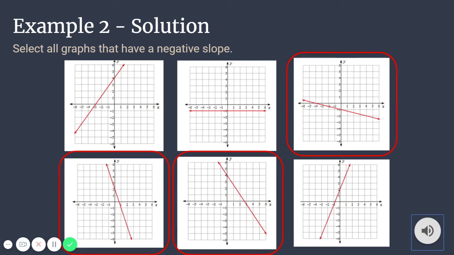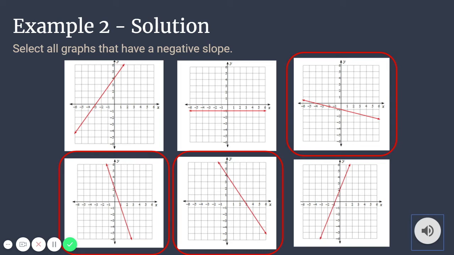So if we look at the top left-hand graph, reading that from left to right, we would be moving up, or that would be increasing, so that would be a positive slope. So that would look like what we did yesterday. Moving next to that in the middle, that line is just a horizontal line, so it's not increasing and it's not decreasing. So that is definitely not a negative slope.